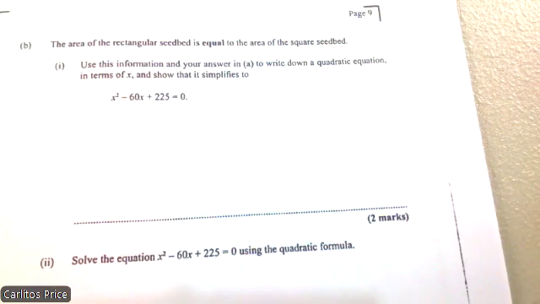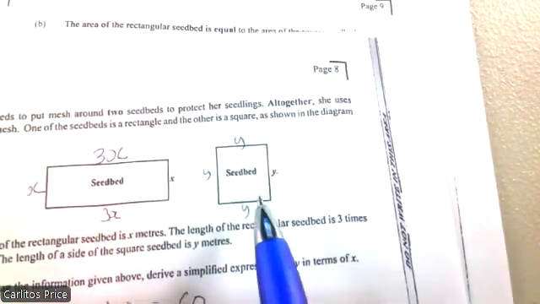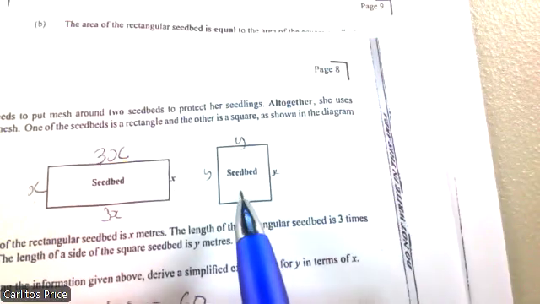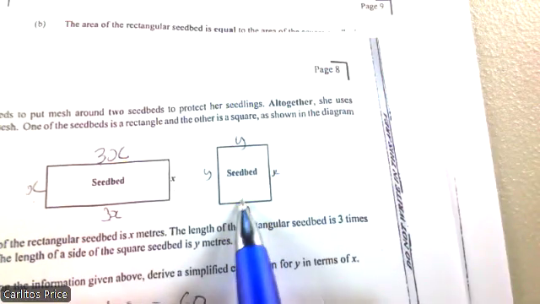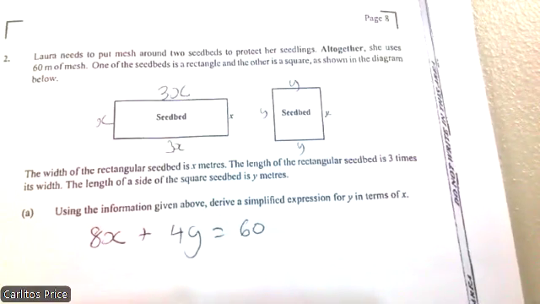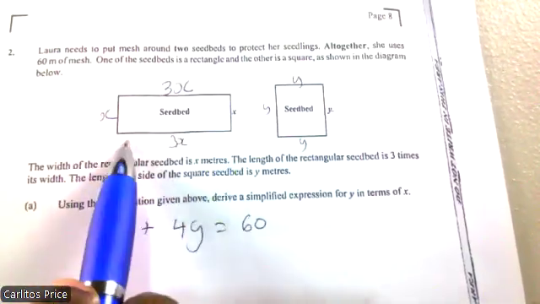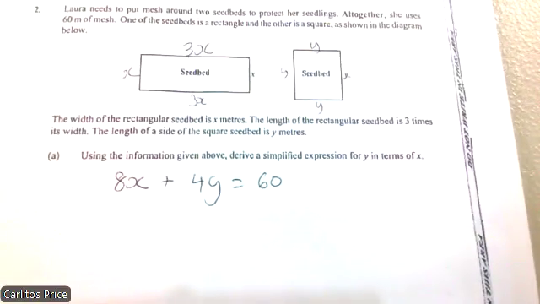The area of the rectangular seed bed is equal to the area of the square seed bed. So how do we find the area of a rectangle? Length by width. How do we find the area of a square? Length by width. In this case, our length is 3x, and x is our width. So for our rectangle, A is equal to 3x times x. That just gives me 3x squared.